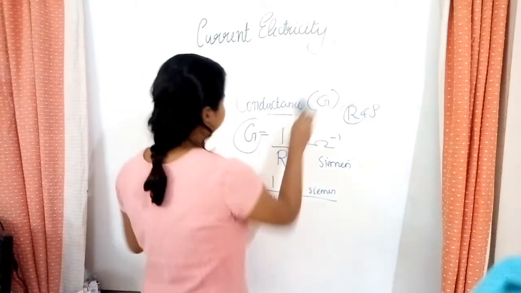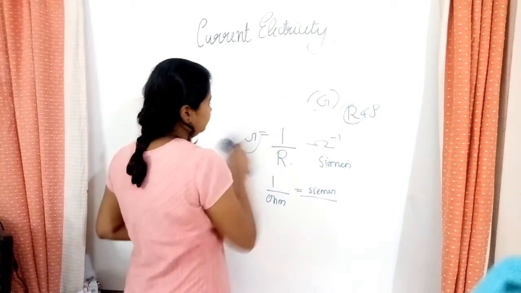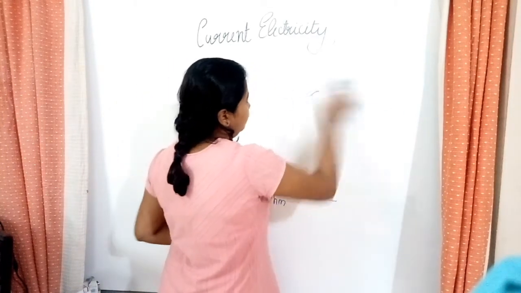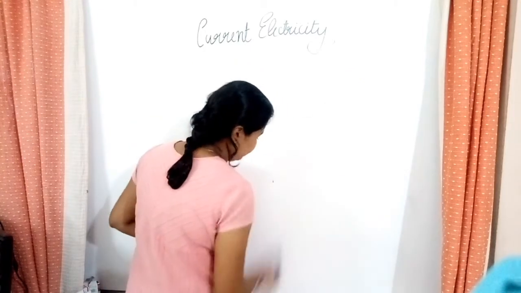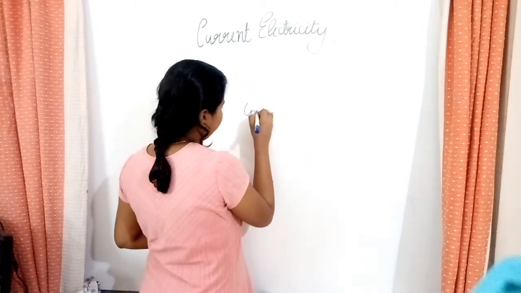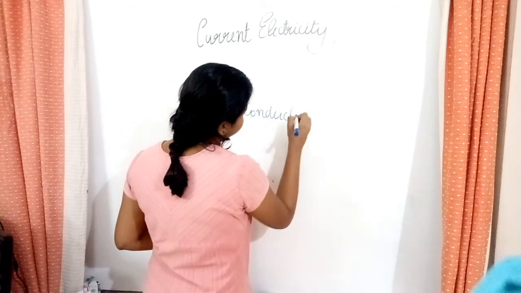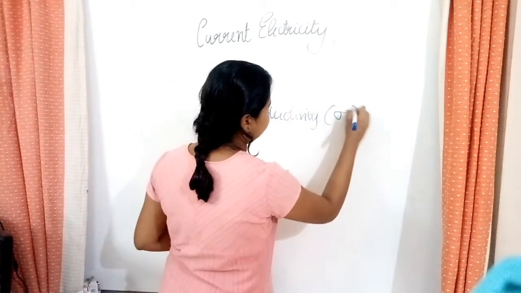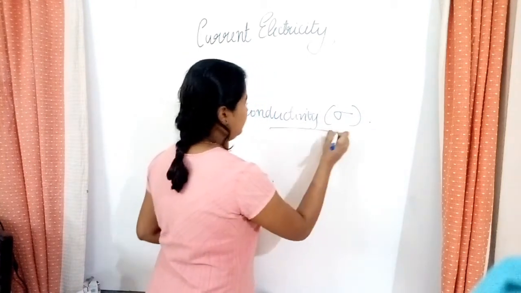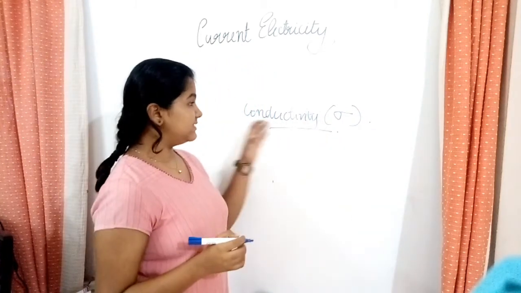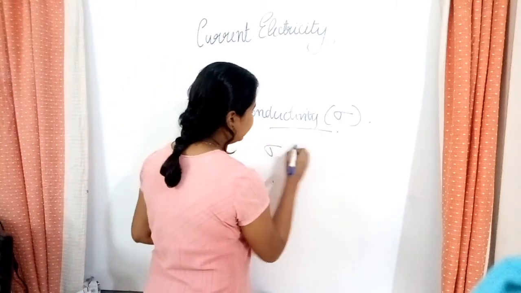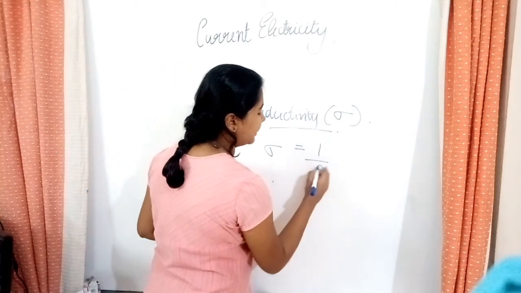Conductivity is represented as sigma. So sigma is equal to 1 by rho.